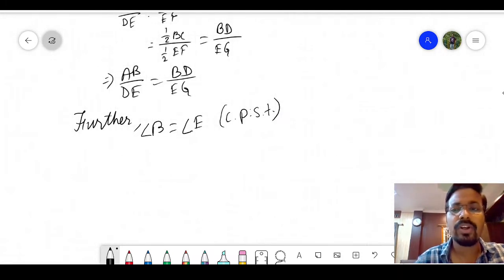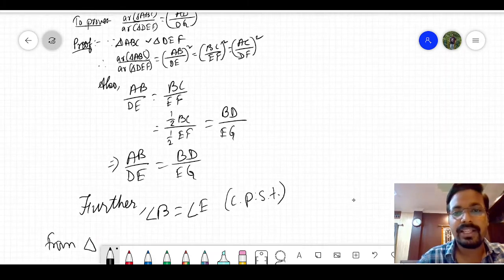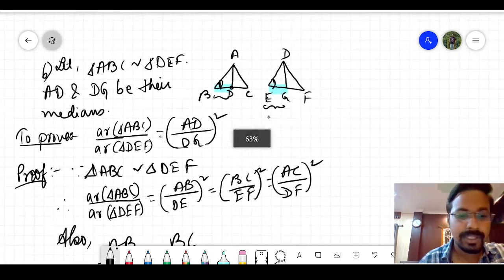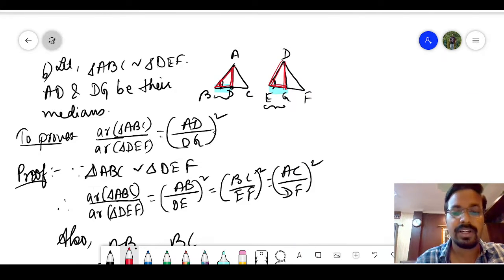Now we are going to use all this data, taking two triangles. If you look into the diagram carefully, we are going to take triangle ABD and triangle DEG, and what do we get from here? Let's see.